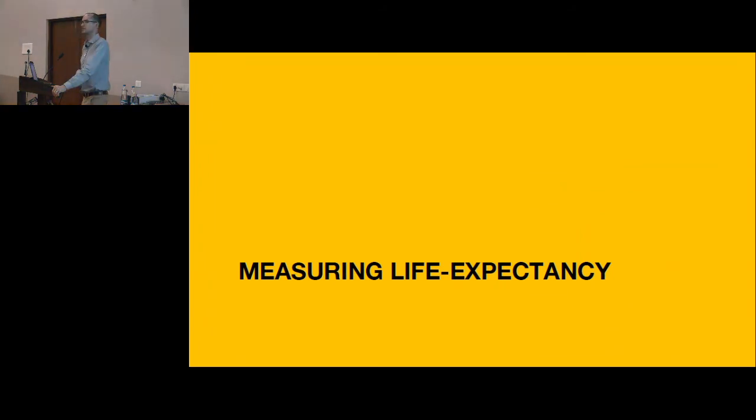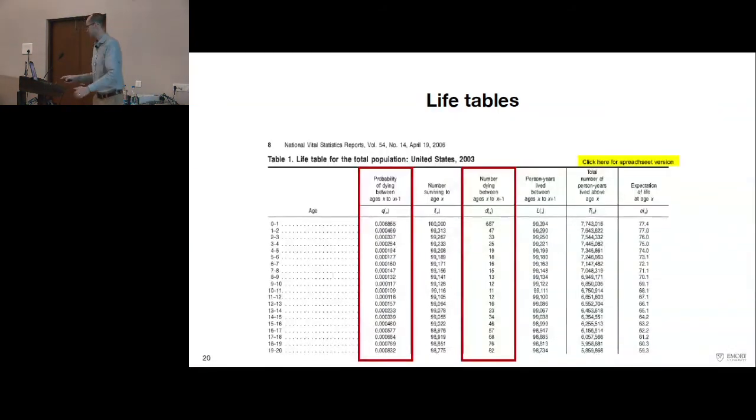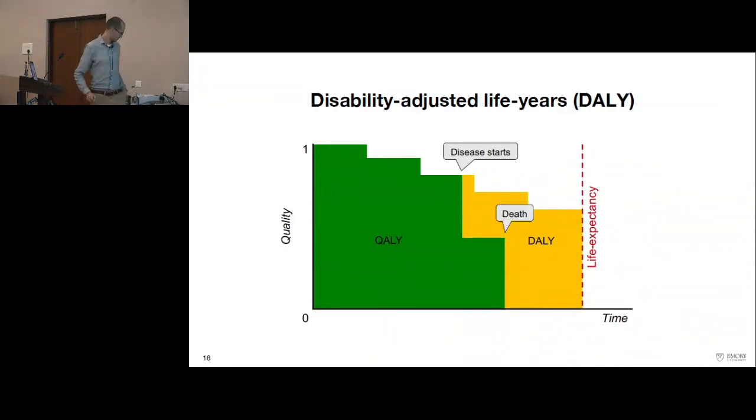All right, so I have just one slide on this. The DALY is calculated based on only mortality. I'm sorry, this is only mortality based. The DALY is estimated based on mortality, based on life expectancy, but also the expected quality of life at different stages of life.